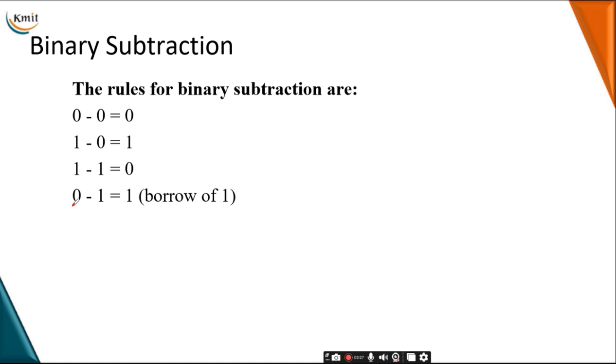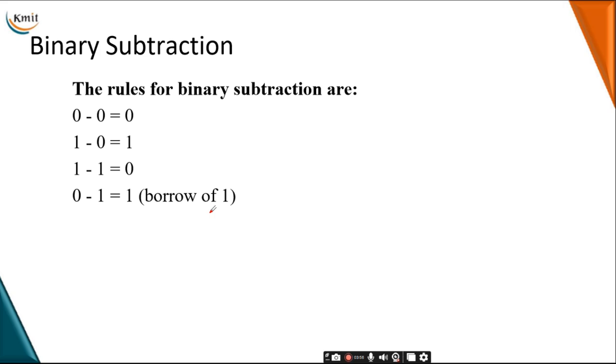If I take a borrow from the next most significant bit, then it becomes 2. So 2 minus 1 becomes 1, the difference, with a borrow of 1. This is your main rule while doing subtraction. Wherever you have a 0 and want to subtract a 1, you need to take a borrow from the next most significant position.